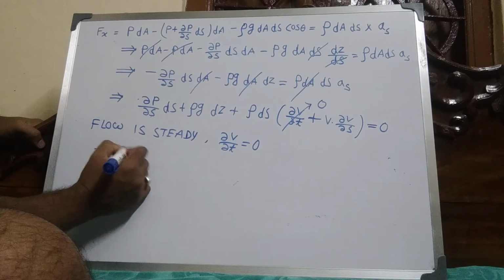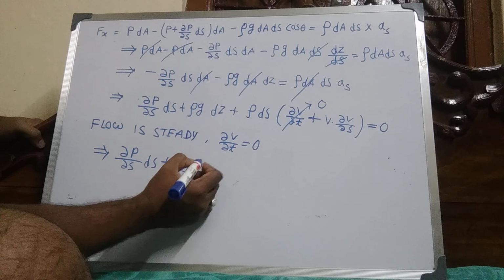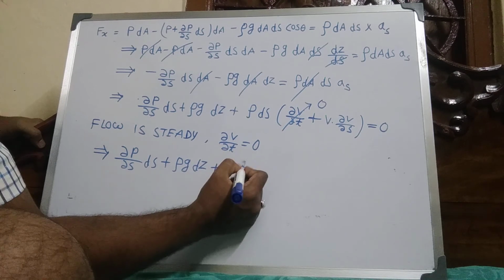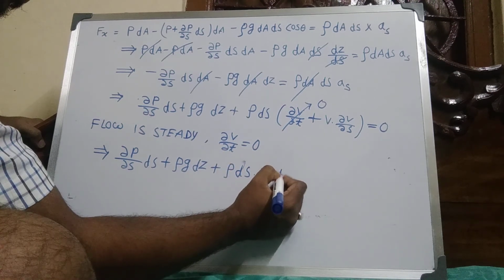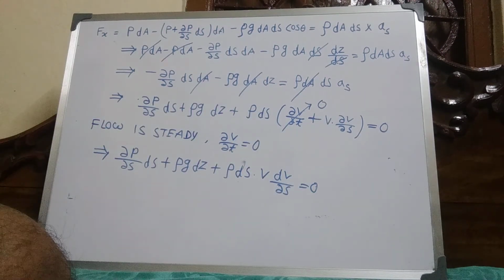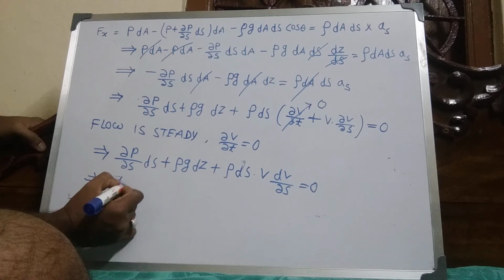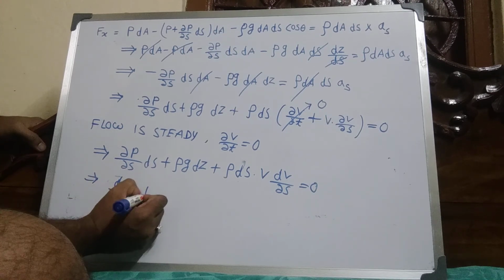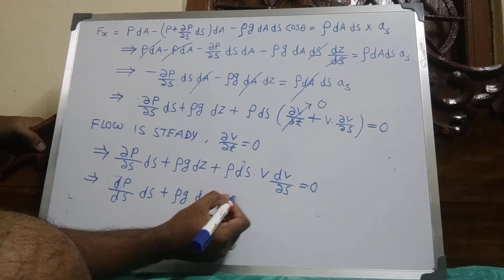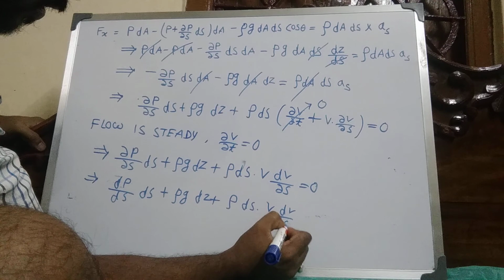So dp by ds, rho g into dz, plus rho into v dv by ds. Convert the partial derivative into exact derivative: dp by ds plus rho g dz by ds plus rho v dv by ds equal to 0.